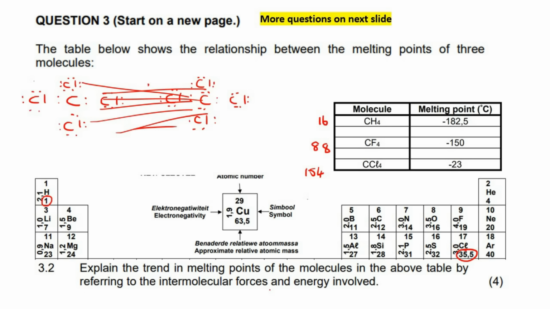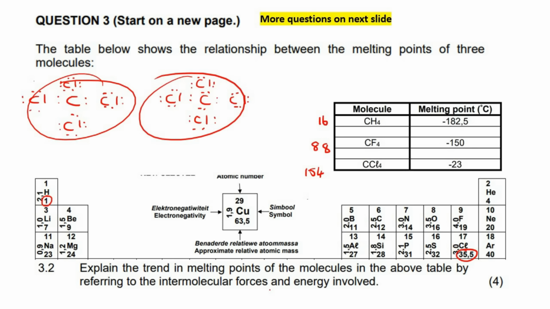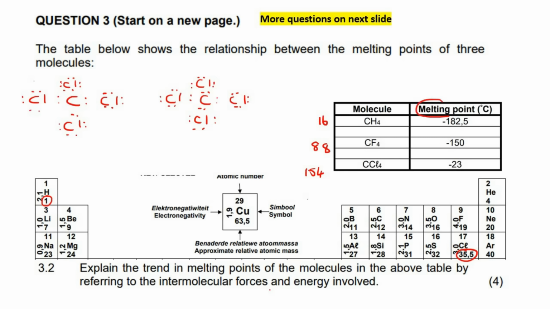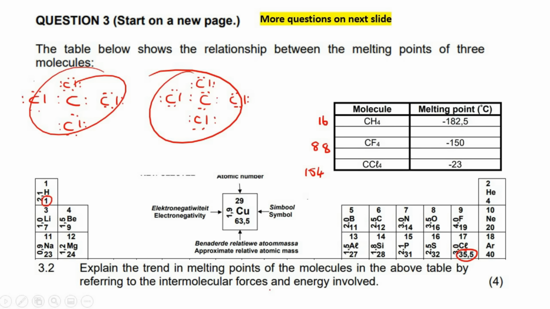So if you have all of these London forces, it's going to be quite difficult to separate these two molecules from each other. And remember, when you melt, you are going from a solid where everything's close together to a liquid where everything's a little bit further apart. So to be able to melt something, you have to be able to overcome all of these forces. You've got to be able to separate these molecules from each other.